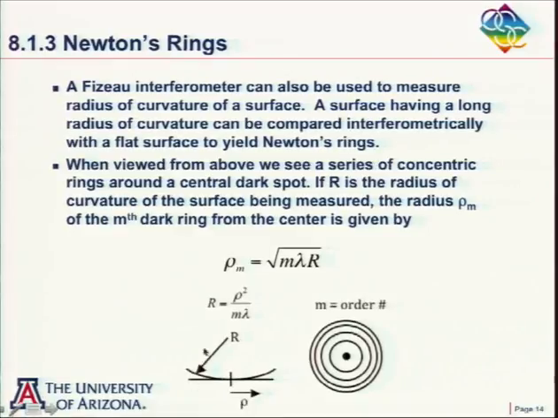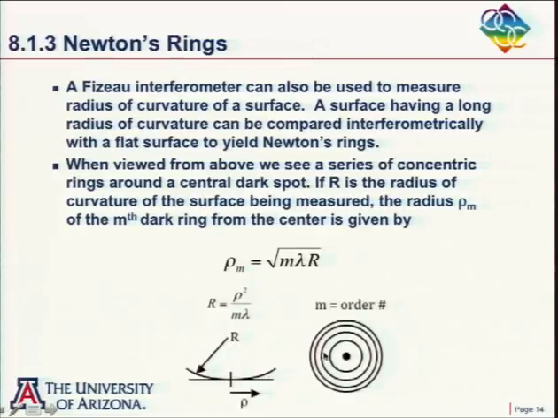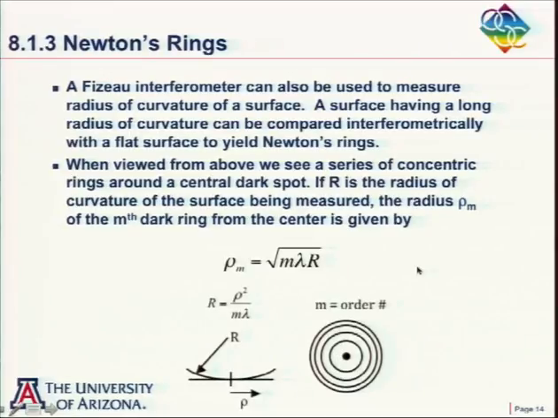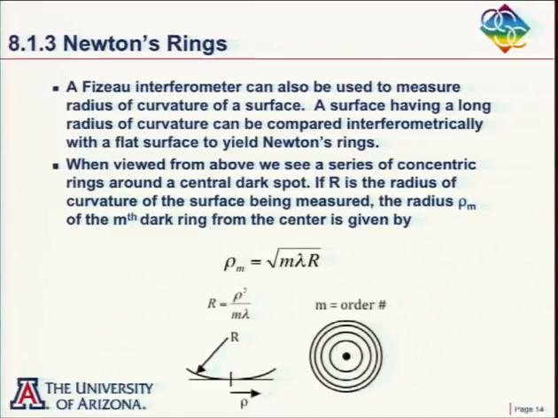And if we're looking at this pretty much normal incidence, the separation between the two surfaces would change by half a wavelength. And we know that for something that's a pretty long radius of curvature, the sag goes as what? Rho squared over 2r, rho being the distance here, and r being the radius of curvature. And so we'd have rho squared over 2r.